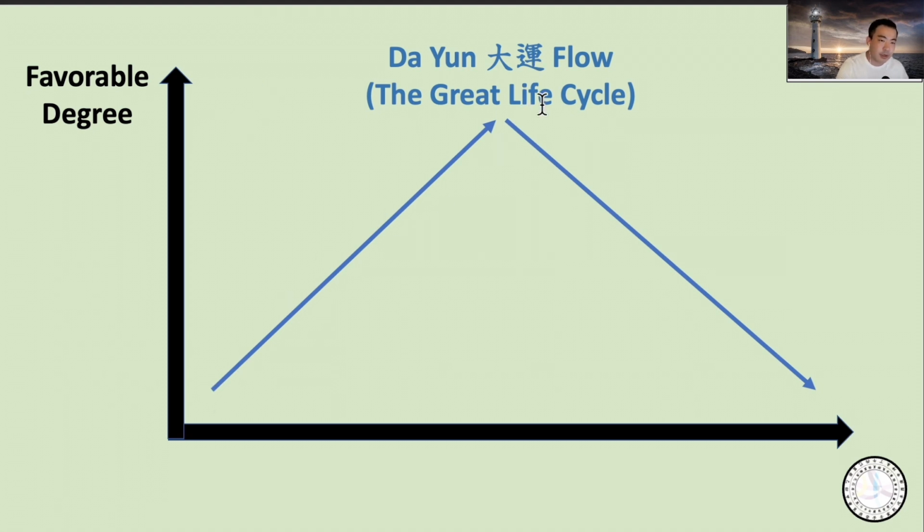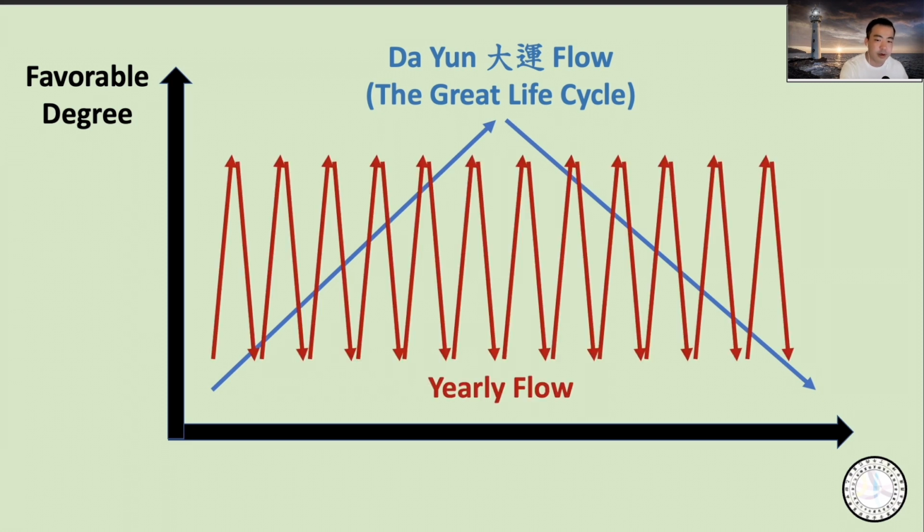If we consider this is the Da-yun's flow in general, if we add the yearly flow, there will always be up and down movement in favorable time or not favorable time. If Da-yun is favorable, the yearly flow could be not favorable, and when Da-yun is not favorable, the yearly could be favorable.